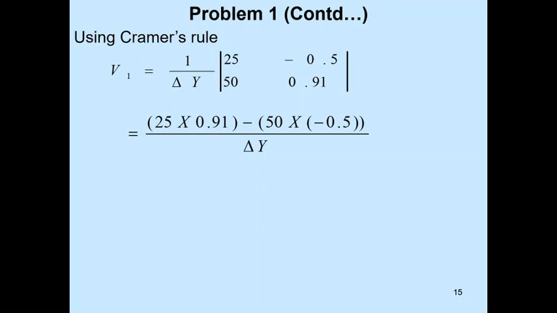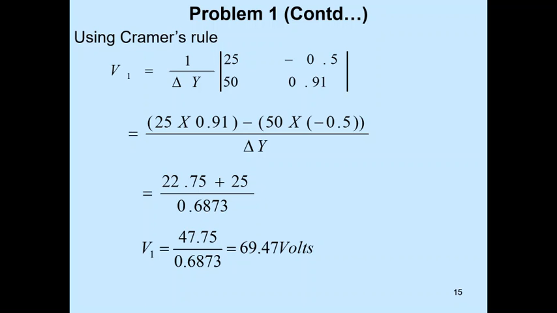Solving this, we get 25 into 0.91 minus 50 into minus 0.5, by delta y. So we get 22.75 plus 25, divided by 0.6873. From this we get 69.47 volts, the node voltage at node 1.